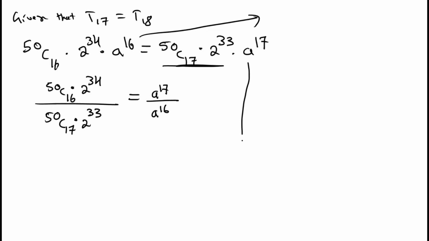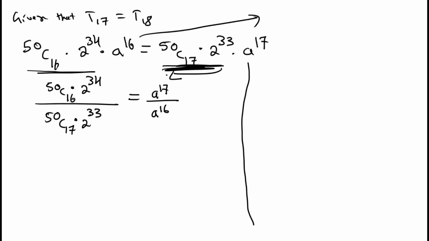That time you can get a easily. Clear? Rearrange the equation such that somehow you need to get a in the LHS or RHS. So keeping these two terms in the LHS, take these two terms to the RHS. Take these two terms to the LHS and shift a to the power 16 to RHS.